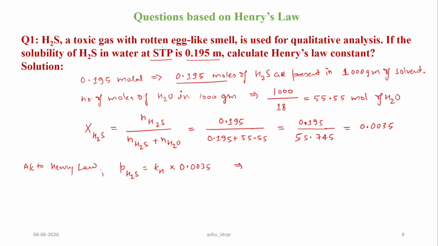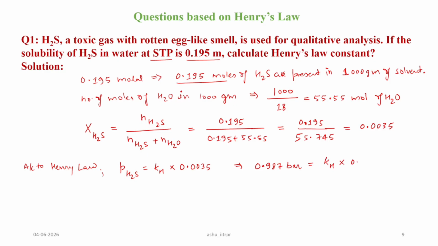It is written STP, standard temperature and pressure. Standard pressure, if you take it as atm, it will be 1 atm, or if you take it as bar, it will be 0.987 bar, because it is written STP. You can also take 1 atm, then the answer will be in atm. I am writing it as bar, so the answer will be in bar.